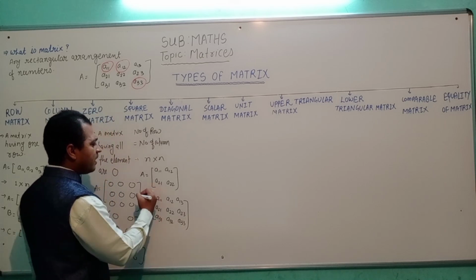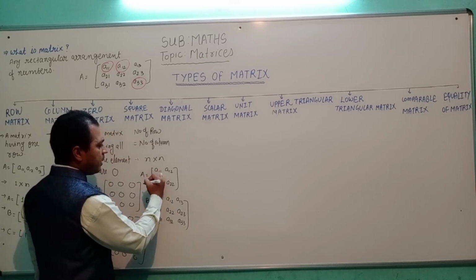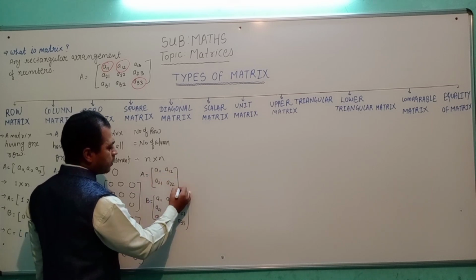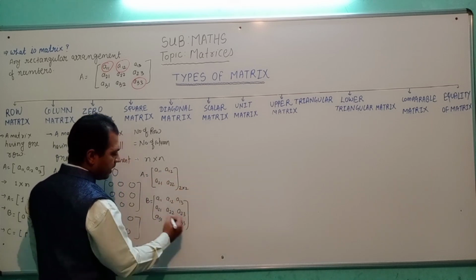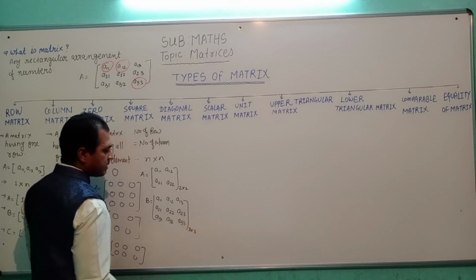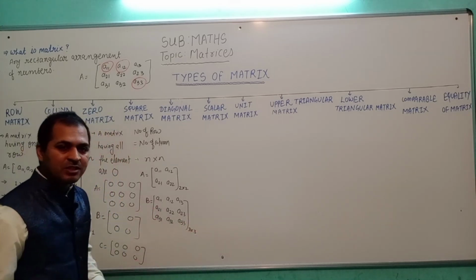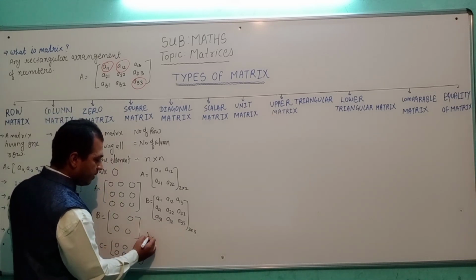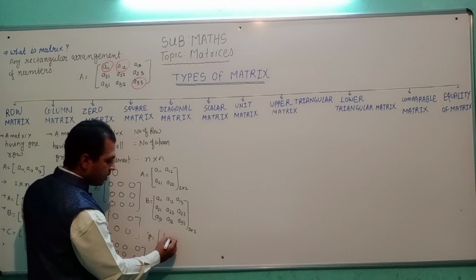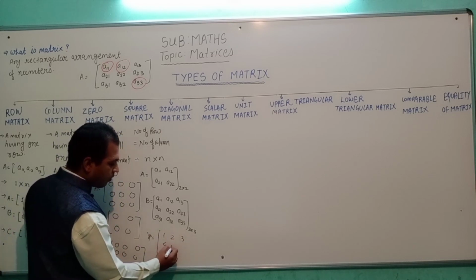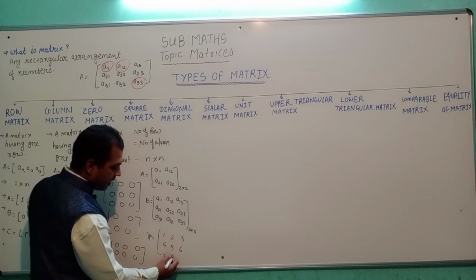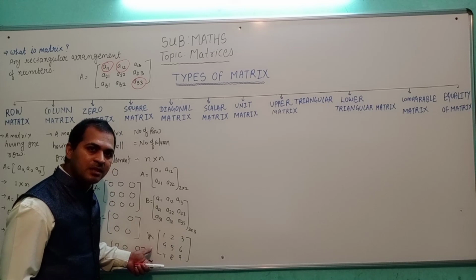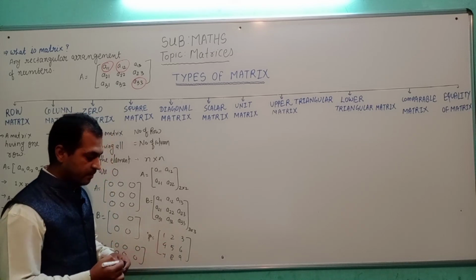Here you can see that in the first example the number of rows is 2 and the number of columns is also 2. So this is a 2 by 2 matrix, and this is a 3 by 3 matrix. So this matrix is known as a square matrix. Suppose an example P, 1 2 3 4 5 6 7 8 9. So this matrix P is also a square matrix.